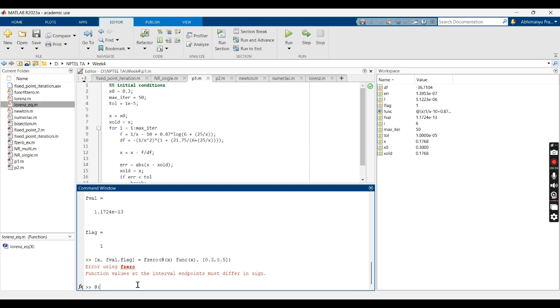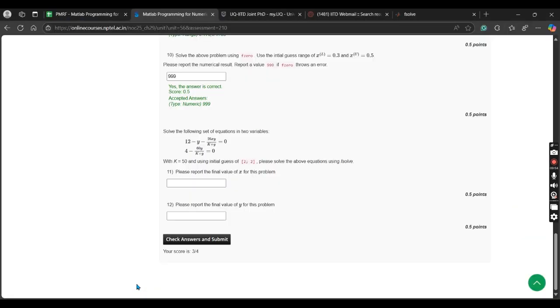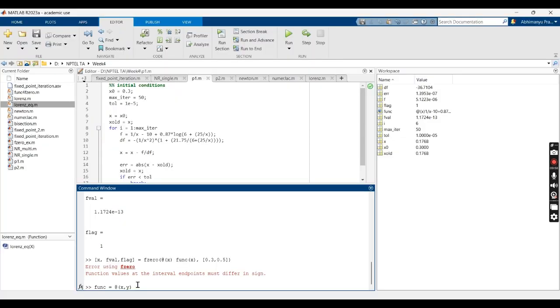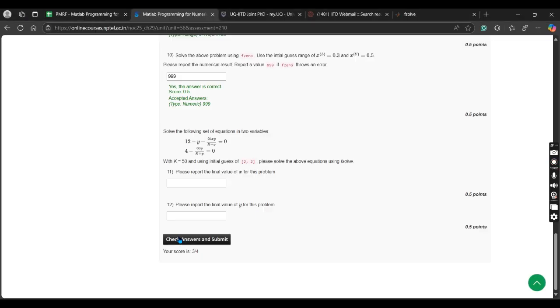Okay, let me first create a two-dimensional function handle. Let us see if this works or not.